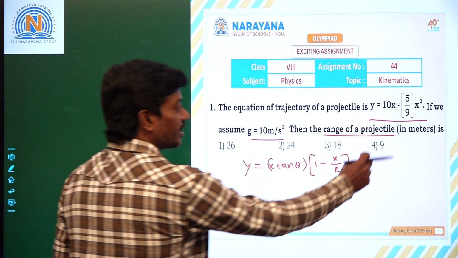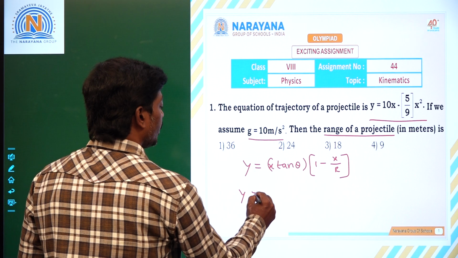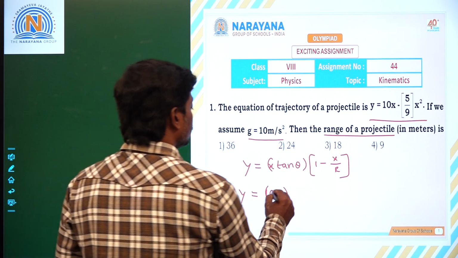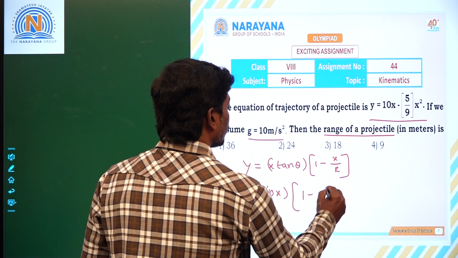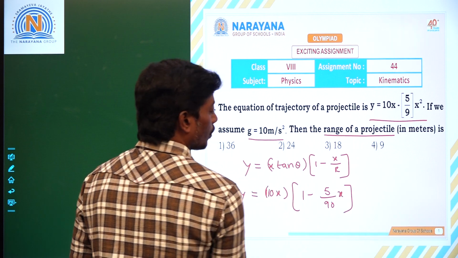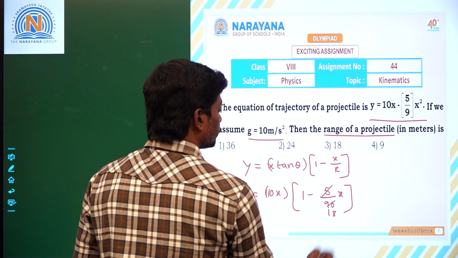So now in the given equation I will take 10x common. So y = 10x (1 − 5/90 x). Now if you simplify this, 5 will cancel in 90, 18 times.